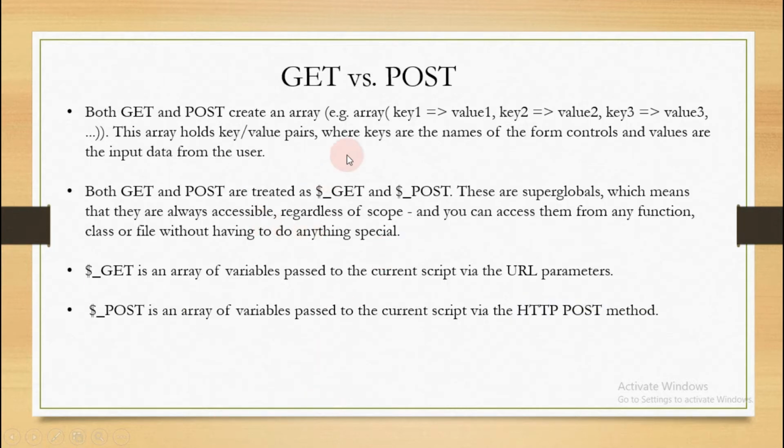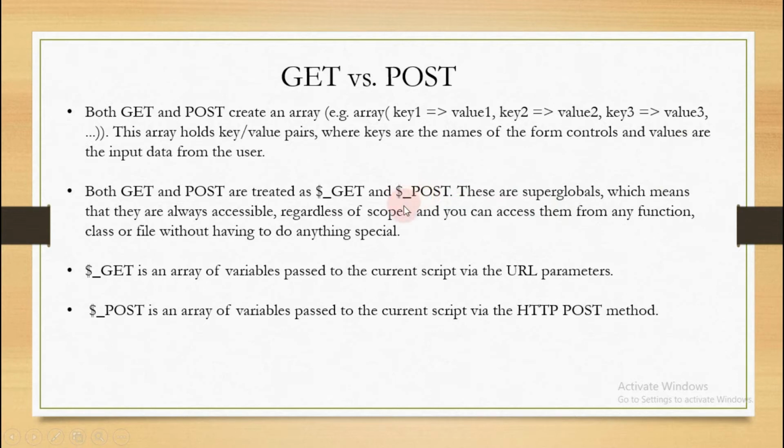Next, GET versus POST. Both GET and POST create an array. Sa array, naa tay key 1, which is naay value nga 1, and so on. This array holds key-value pairs where keys are the names of the form controls and the values are the input data from the user.